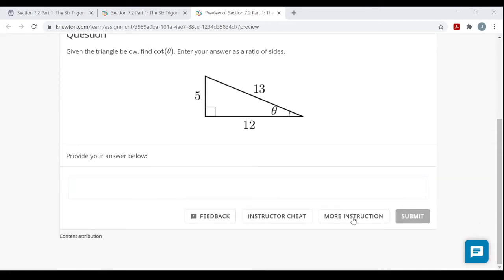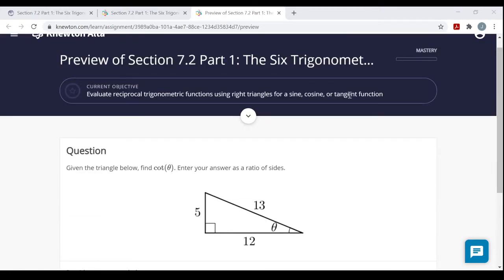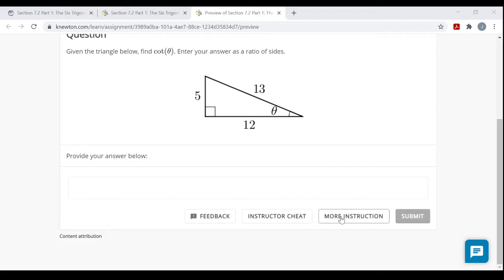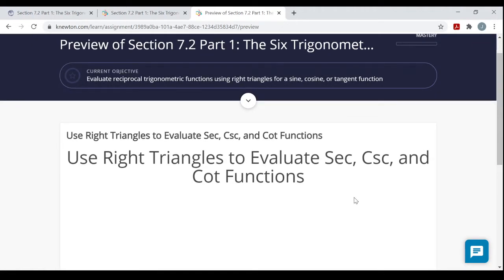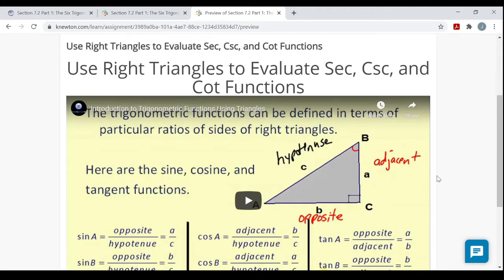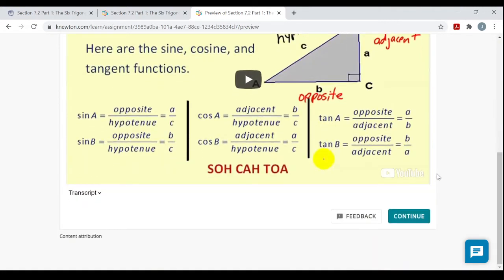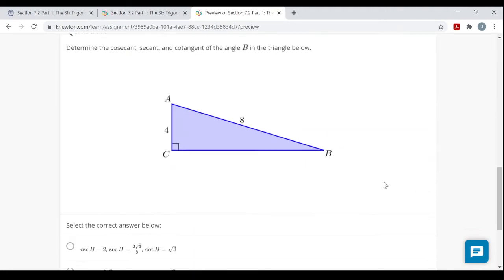But if this is the first time, or if you're still unfamiliar with what they're saying here, evaluate reciprocal trig functions using right triangles for a sine, cosine, or tangent function, the first time you see a new objective, click on more instruction and get through the assignment with more instruction. So now I think there's a video here, yeah. I'm not going to show you this video, all right? Yeah, and then you continue, and like I said, I've already explained a little bit.